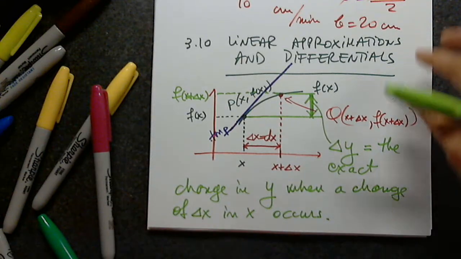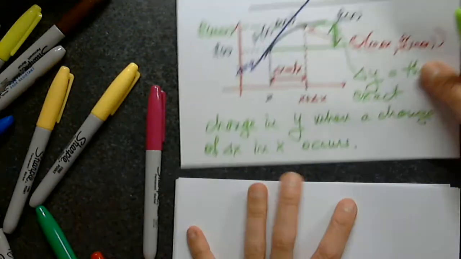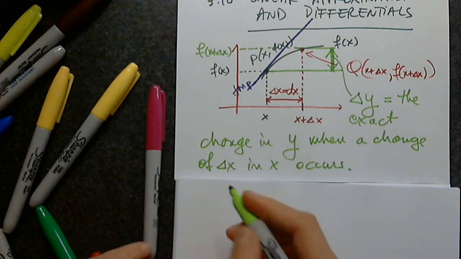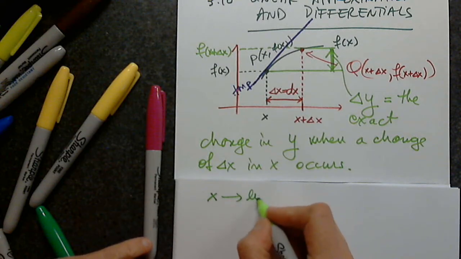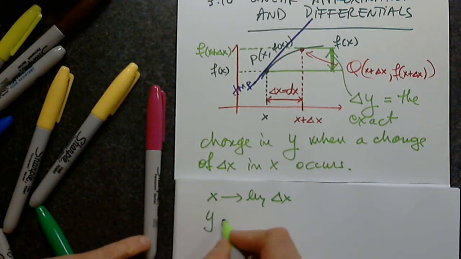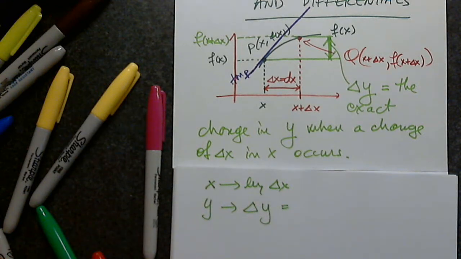So can anyone give us the formula for delta y, the exact change? I will write: when x changes by delta x, y changes by delta y. What is it? Can anyone dictate?